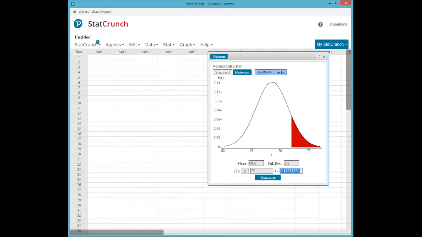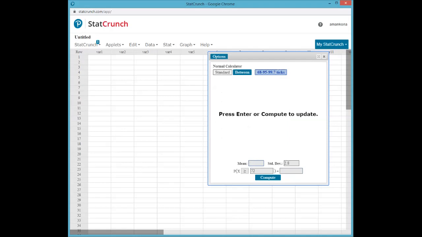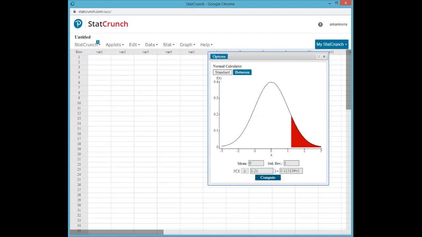Now, if I standardize it, let's see if we get the same thing. The mean is 0 and the standard deviation is 1. What's my z-score? It is 1.21. Let's see what we got. You see that this is exactly the same table value we got, 11.31.